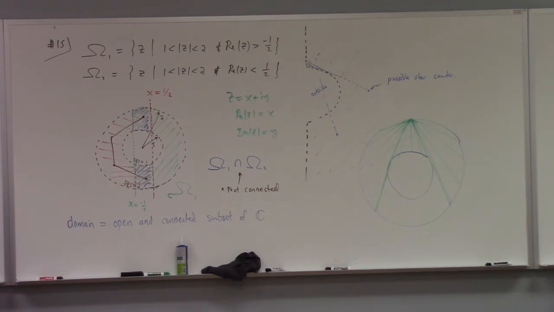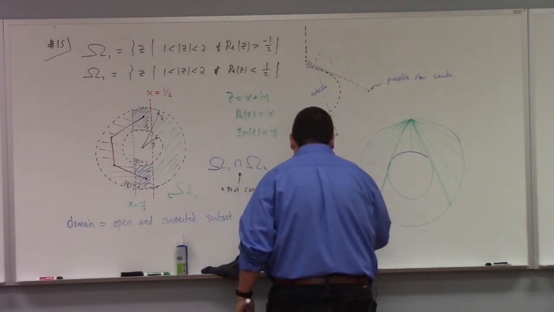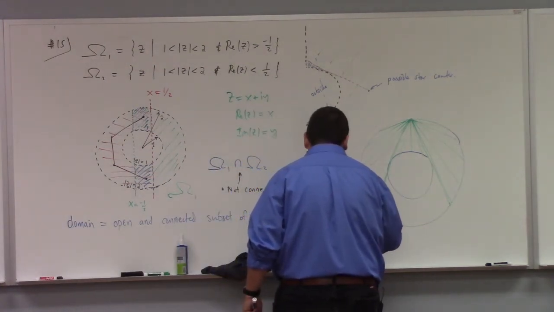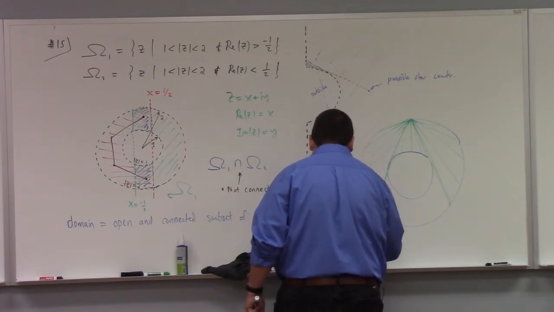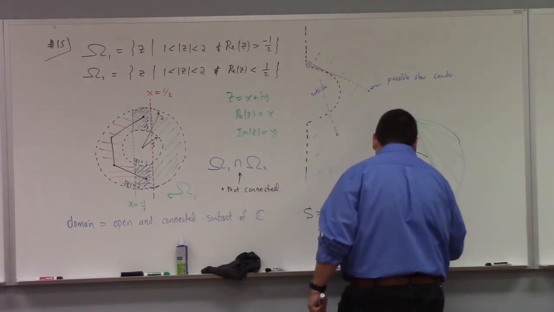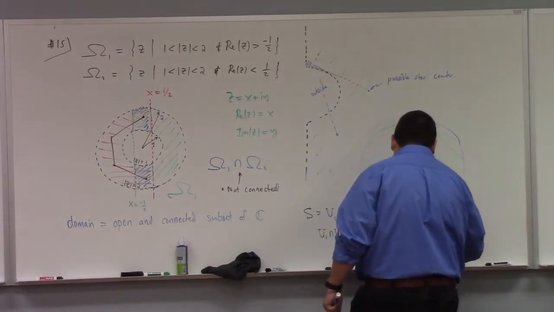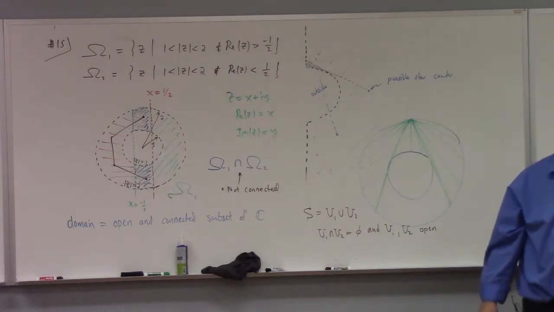What's a separation of a set? A separation of a set S is if S is equal to U1 union U2, where U1 intersect U2 is empty and U1, U2 are open. If you can do that, that's called a separation of the set.